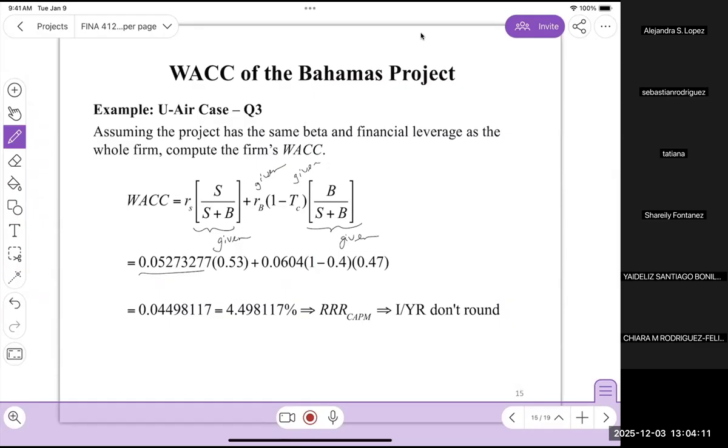All that's given. You just have to make the calculation. When you put it together, you get a number that's in between, smaller than the 5.27, just like I described, because the WACC is in between these two. So this is even lower.